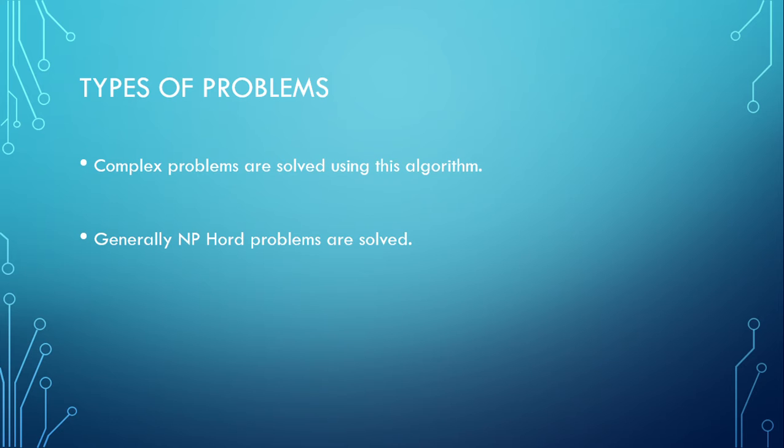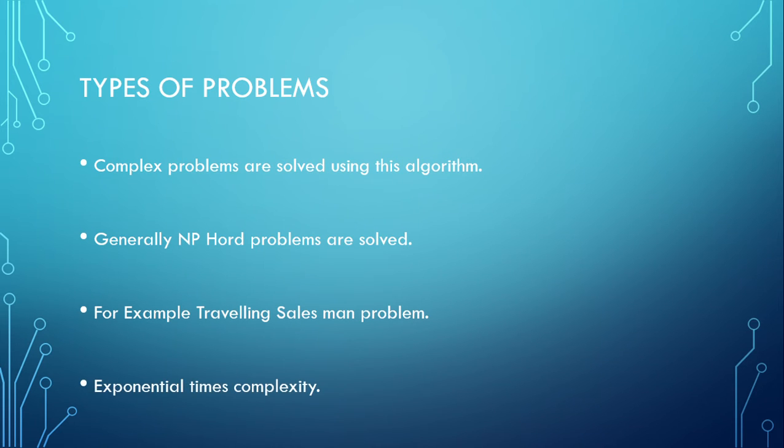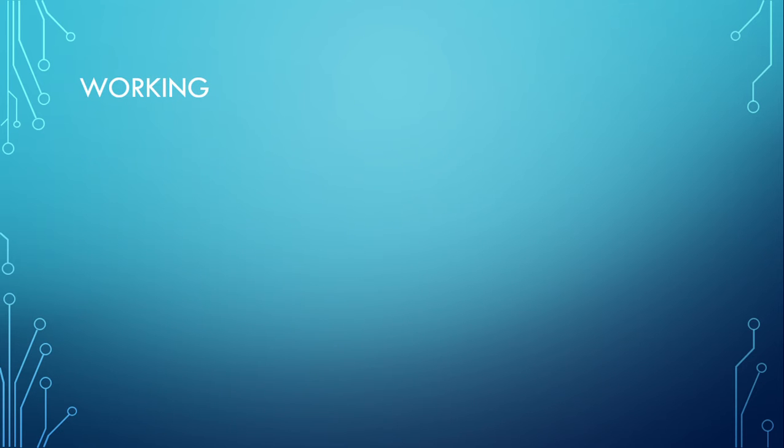Generally, NP-hard problems are solved using this, for example the traveling salesman problem can also be solved using a genetic algorithm. About the complexity, problems with exponential time complexity should be solved under a genetic algorithm.